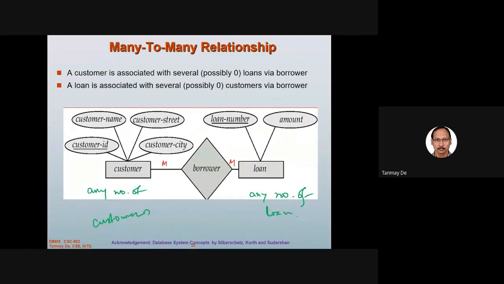That means in the customer entity set, there may be a particular customer who does not have or has not taken any loan from the bank. It is also possible that a customer can have multiple loans from the bank, or a single loan. That is, in many to many there is no such restriction. Joint or multiple loan holders are possible. A customer taking multiple loans from the bank can be represented by a many to many relationship set.